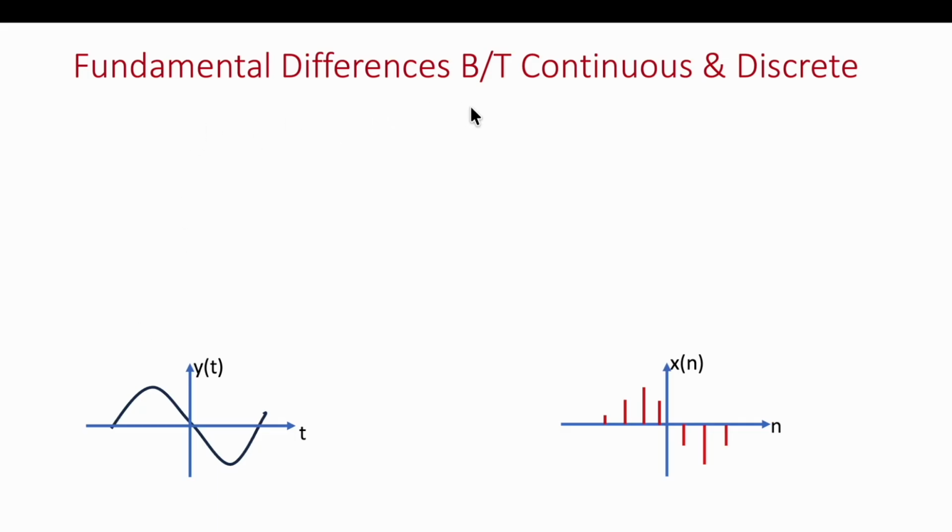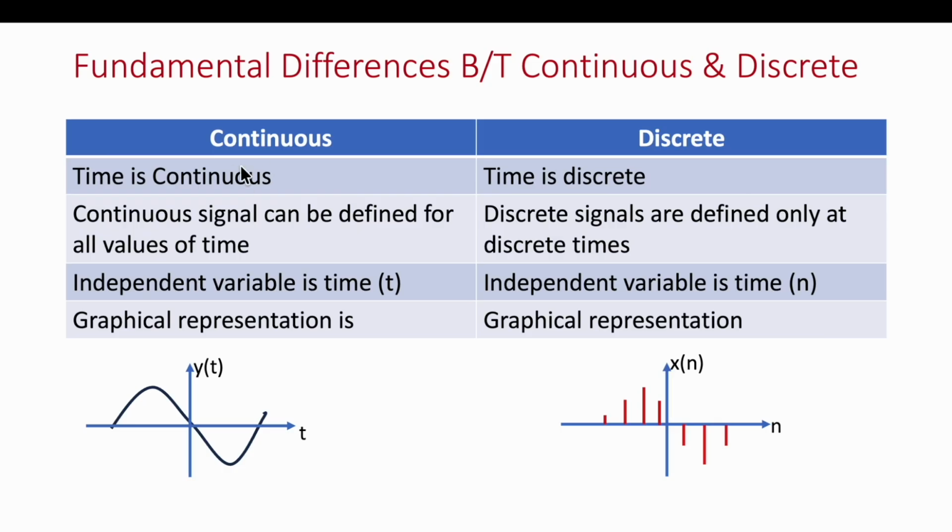Fundamental differences between continuous and discrete: if it is continuous, then time is continuous, and if it is discrete, then time is discrete. A continuous signal can be defined for all values of time. Discrete signals are defined only at discrete times. The independent variable is time t in a continuous time signal, but for the discrete time signal the independent variable is n.